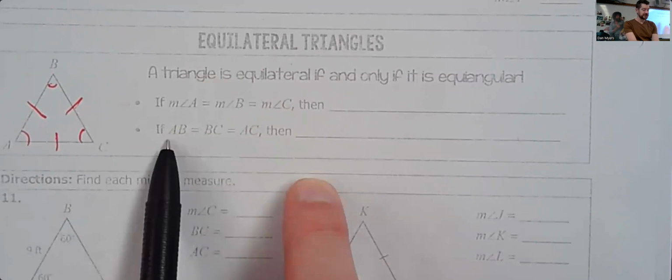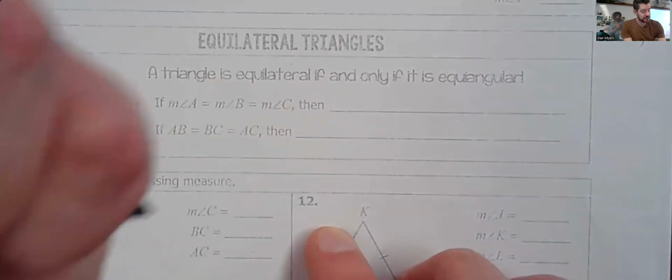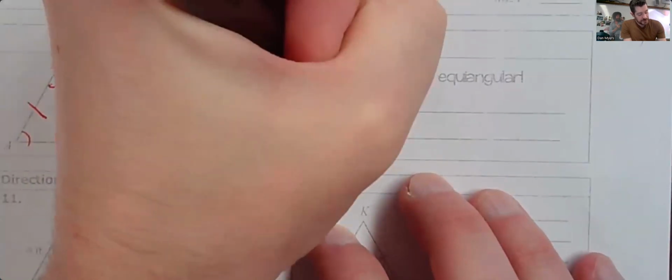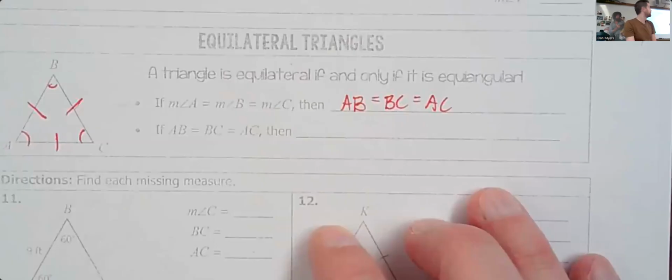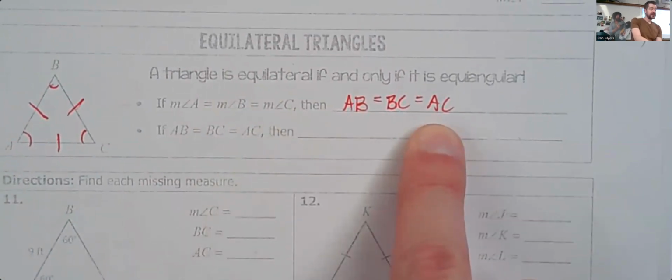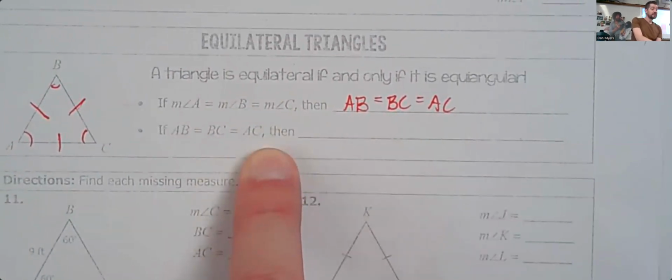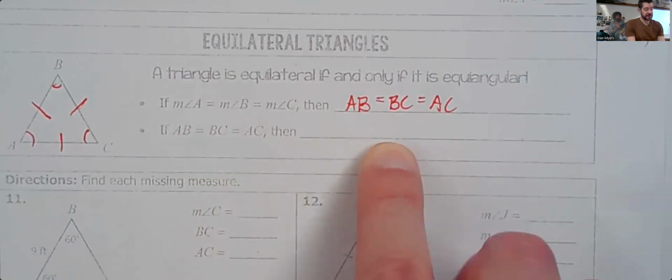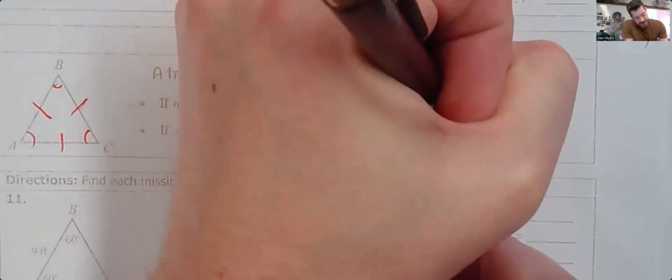That means the result is right here. AB, write this down. AB equals BC equals AC. That's the result. If all the angles are the same, all the sides are the same. If all the sides are the same, all the angles are the same. So measure of angle A equals the measure of angle B equals the measure of angle C.